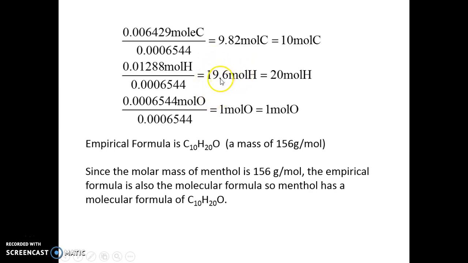It is actually what you wind up doing. The 9.8 goes to 10, the 19.6 goes to 20. It stays 1 mole of oxygen, so our empirical formula is C10H20O. And as it turns out, that mass is 156. So not only is C10H20O the empirical formula, it is also the molecular formula.